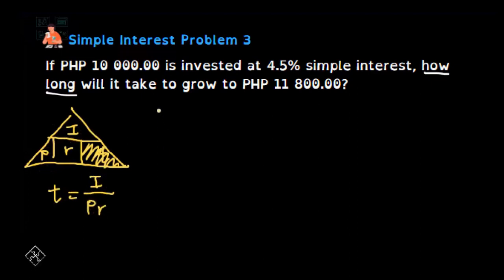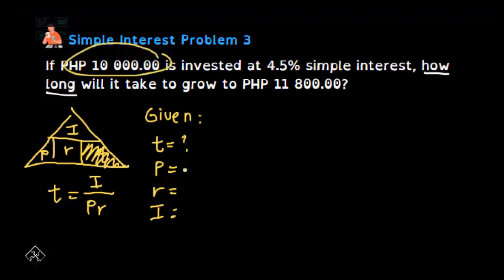So, here we need to write the given. Okay? So, kailangan natin sulat ng given. We have time. Of course, hinahanap natin yung time. We have P. We have R. We have I. Okay? So, principal, what is the principal? If 10,000 pesos is invested, so this should be our principal. So, 10,000 pesos.